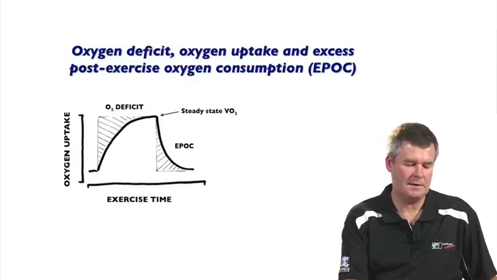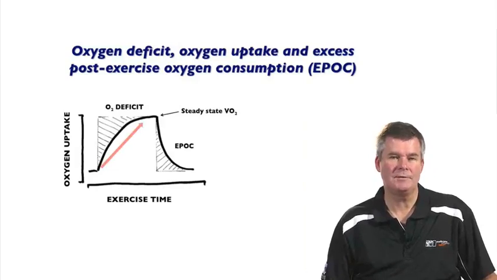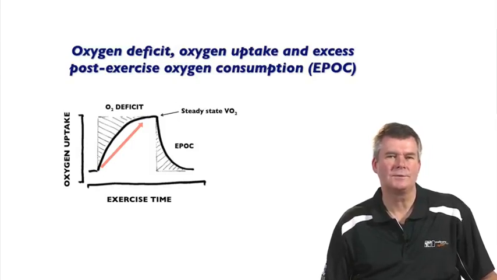You can see here that as VO2 increases up to this steady state level, there is a lag in oxygen uptake, and that increased energy utilization that's required in that transition period is met by the other energy sources. This is referred to as an oxygen deficit. Interestingly, oxygen deficit, or the maximal oxygen deficit, has been used as a marker of anaerobic capacity in an applied sports setting.